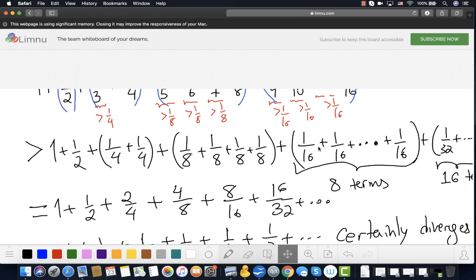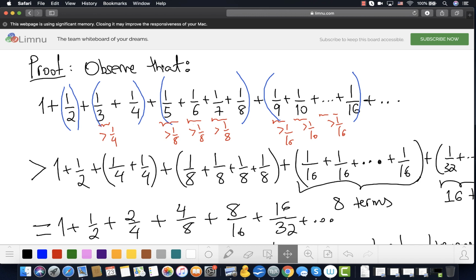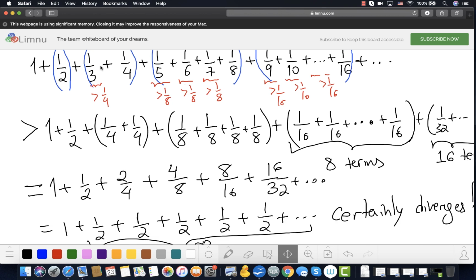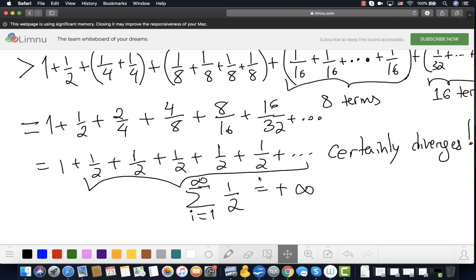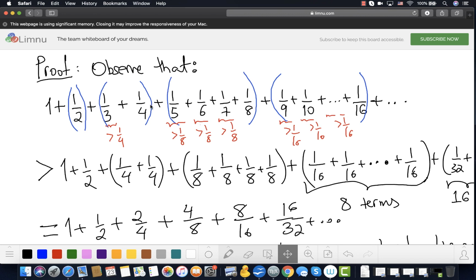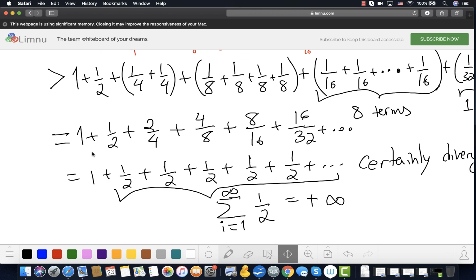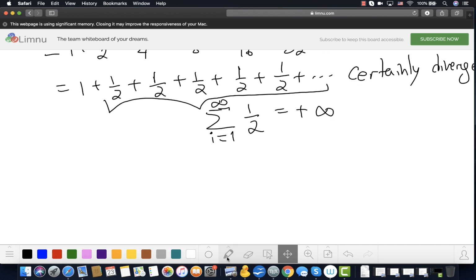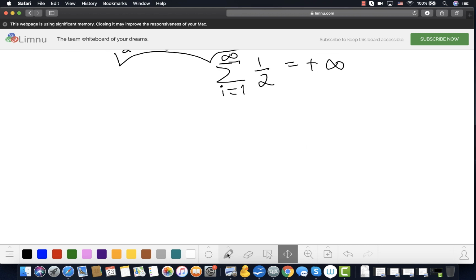We have shown that the harmonic series, which is what we're really interested in, is bigger than something that's already infinite. So we conclude that the harmonic series itself must be infinite. Because how else can you be bigger than something which tends towards infinity? So let me just write down the punchline.